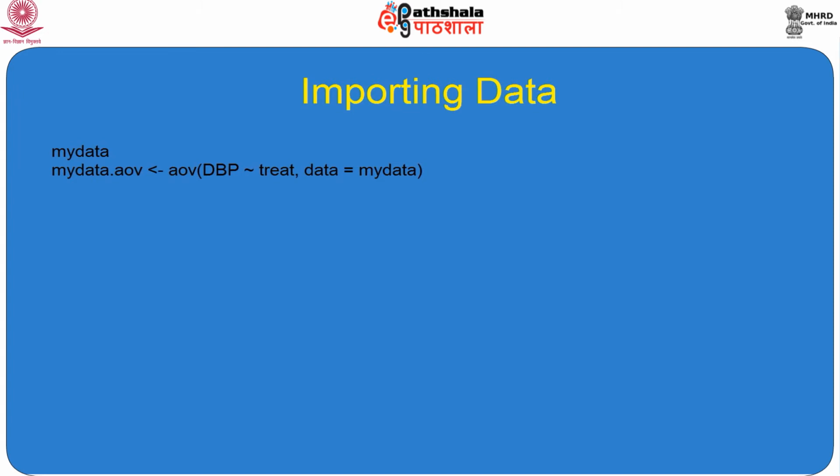Once I call my data, after that I use another function, aov, and within parentheses dbp tilde treat is used, and again we call data equals mydata. So in mydata, dbp and treatments are given here. DBP is considered as the response variable and treatment is considered as the covariate.